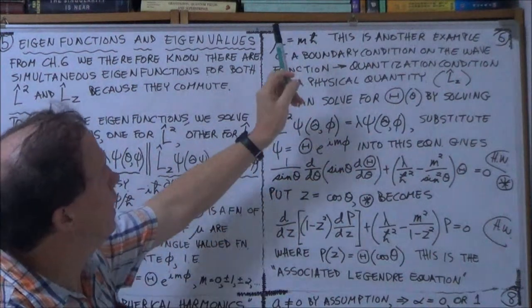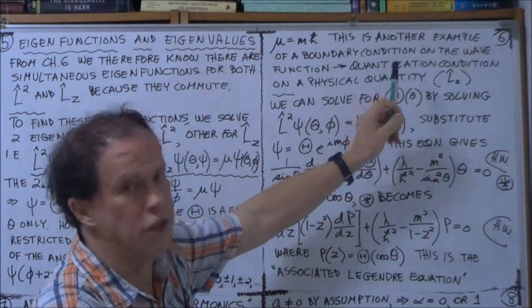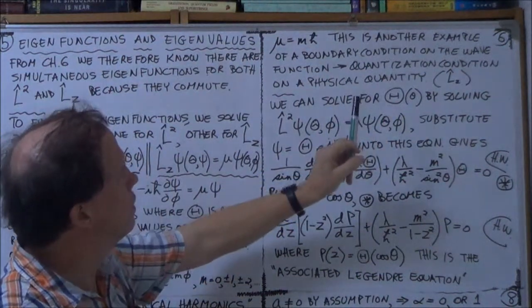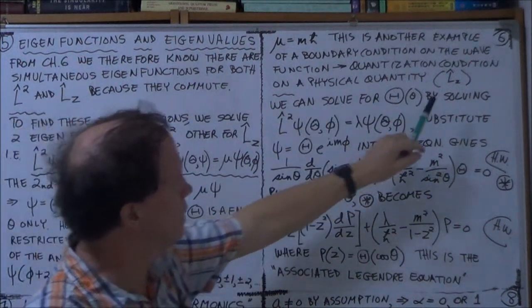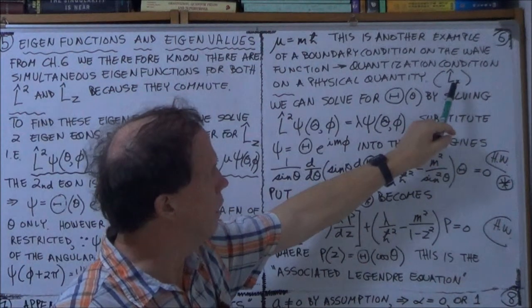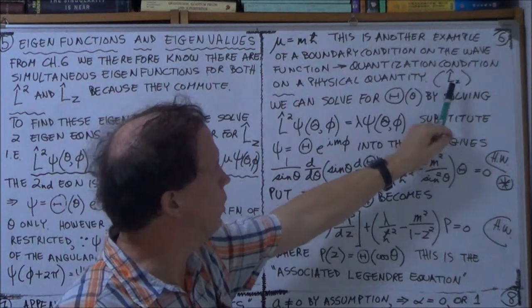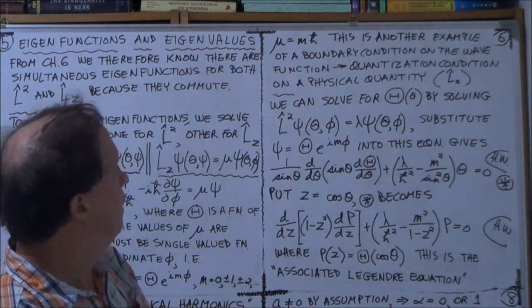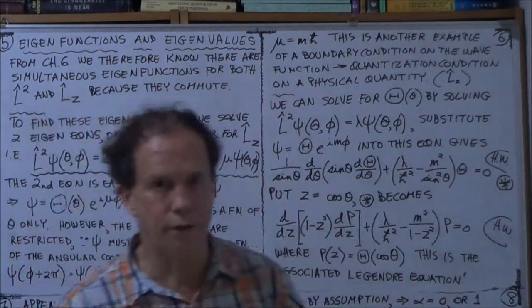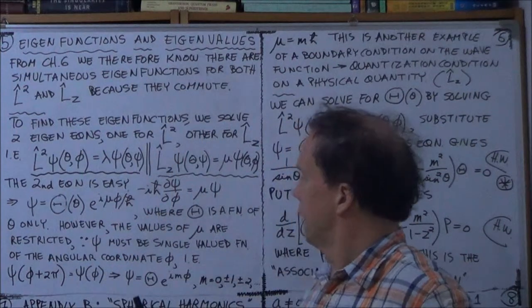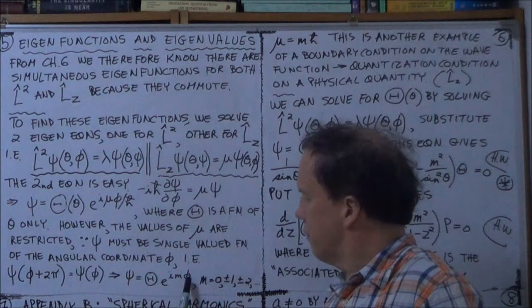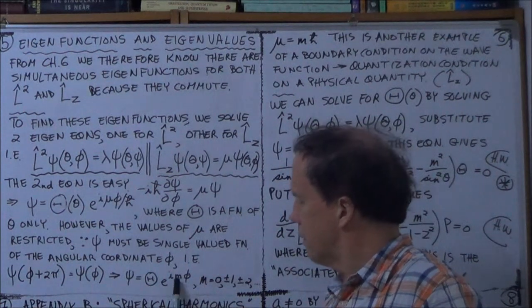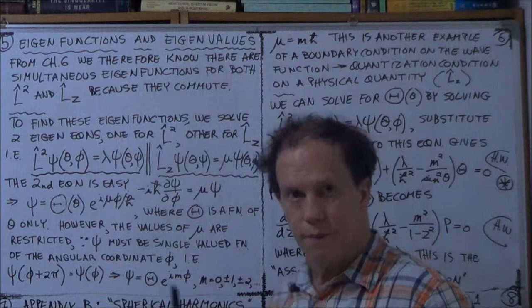That kind of boundary condition places constraints on the value of the quantity, in this case on your wave function. So we have already the solution in terms of phi. These m's are integers.